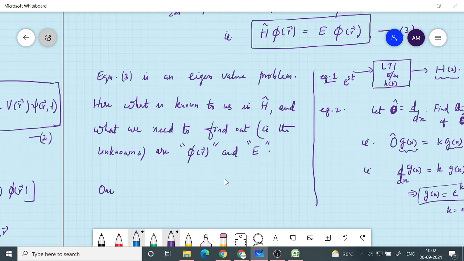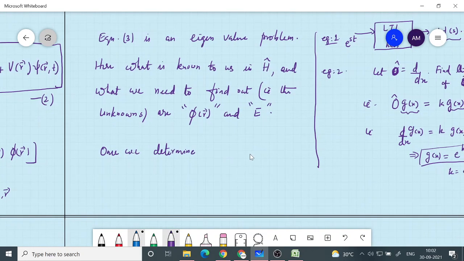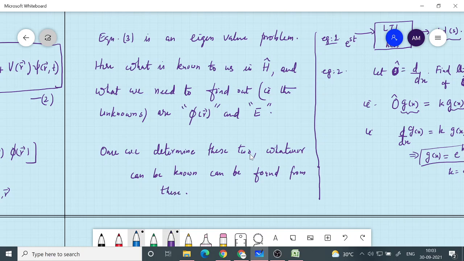So once we determine these two, whatever can be known can be found from these.